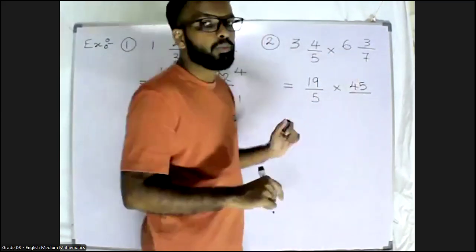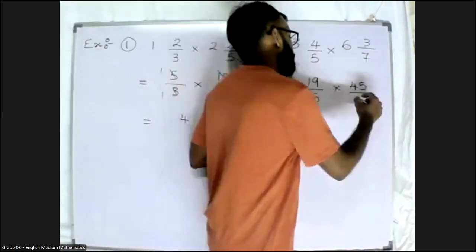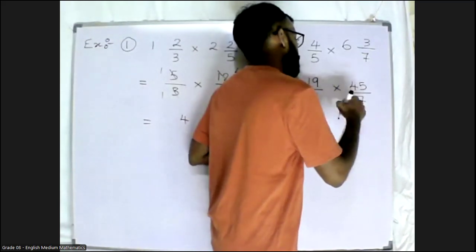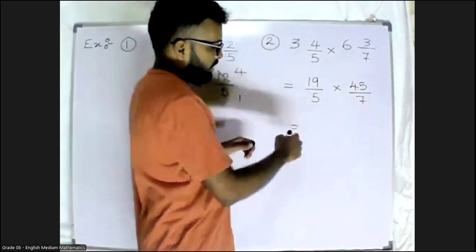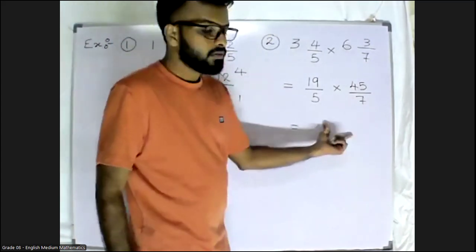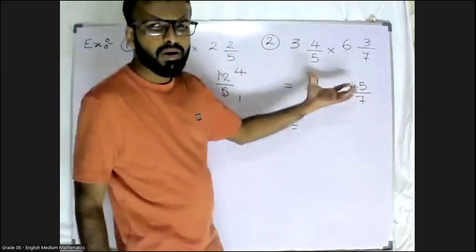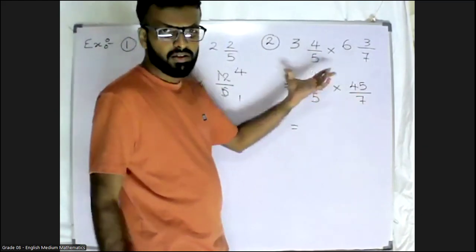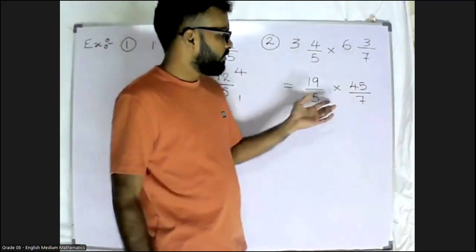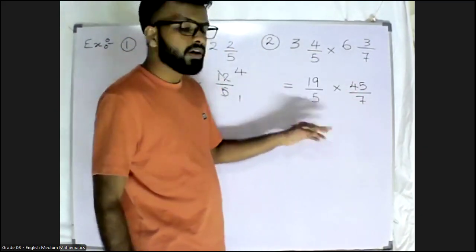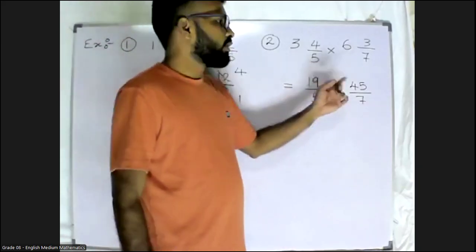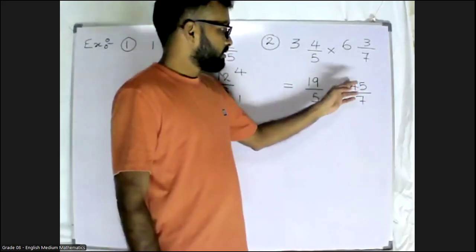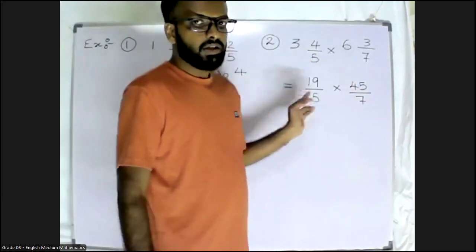So the denominator is 7. Before moving into the answer, can you find any common factors to simplify? 19, 7, 19, 5, 45. Yeah, 5 and 45, you can simplify these two, right?